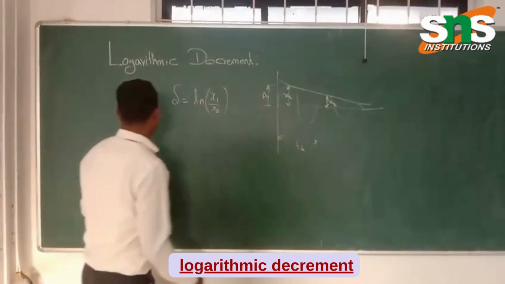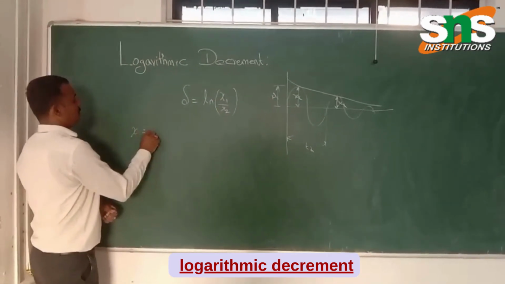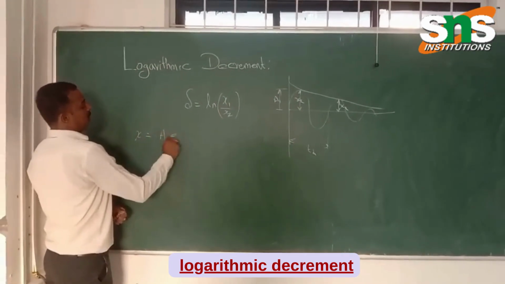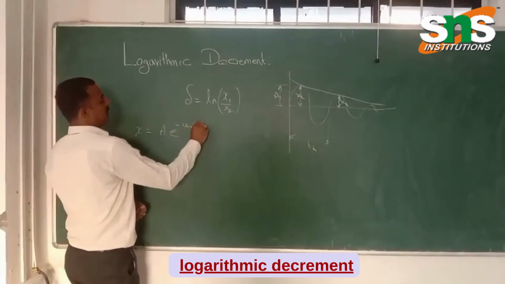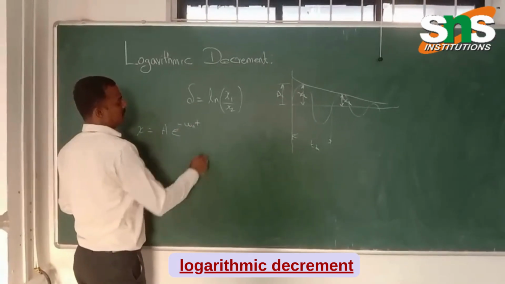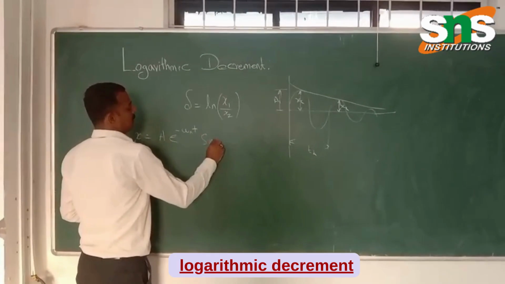So let us take a solution x equal to A e power of minus omega n t with respect to sine.